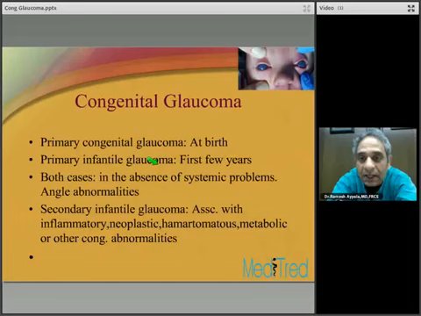Now, there are other ways of classifying this. One of the descriptions that you frequently find in relation to childhood glaucoma is buphthalmos, which is enlarged eye or ox eye. It's related to, again, elevated intraocular pressure before the age of 3 years. The sclera is still elastic before the age of 3, and consequently the globe can enlarge.